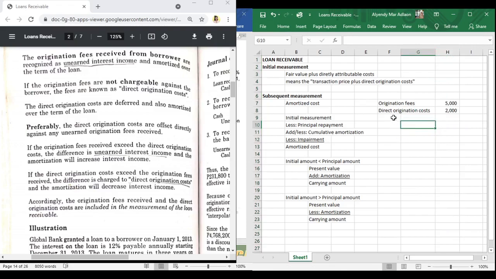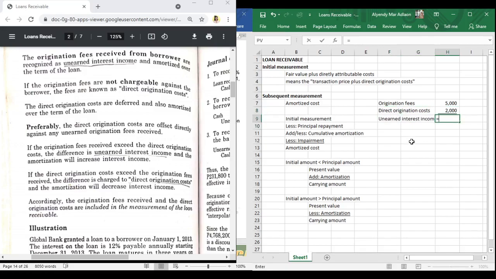But take note that the direct origination cost should be offset against the origination fees. Therefore, how much will we recognize as earned interest income? It would be net of the direct origination cost, which means 3,000 pesos. Okay? So, we netted it.